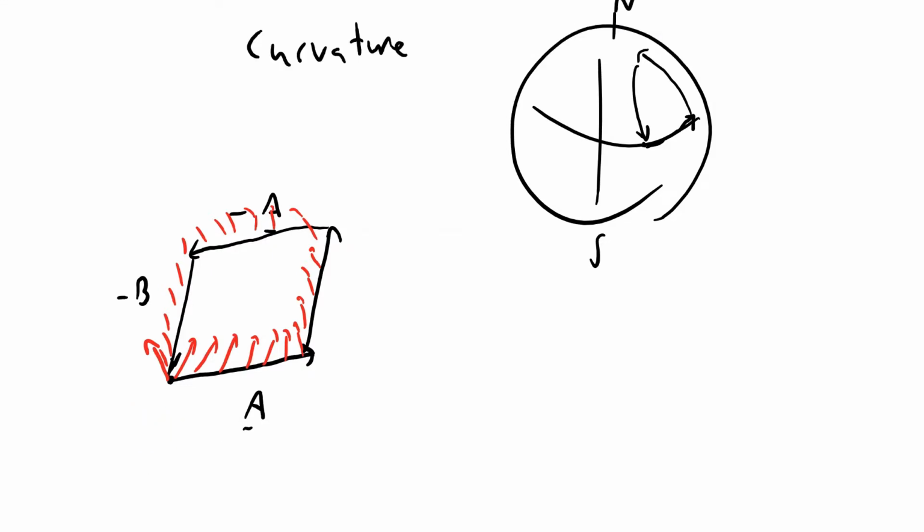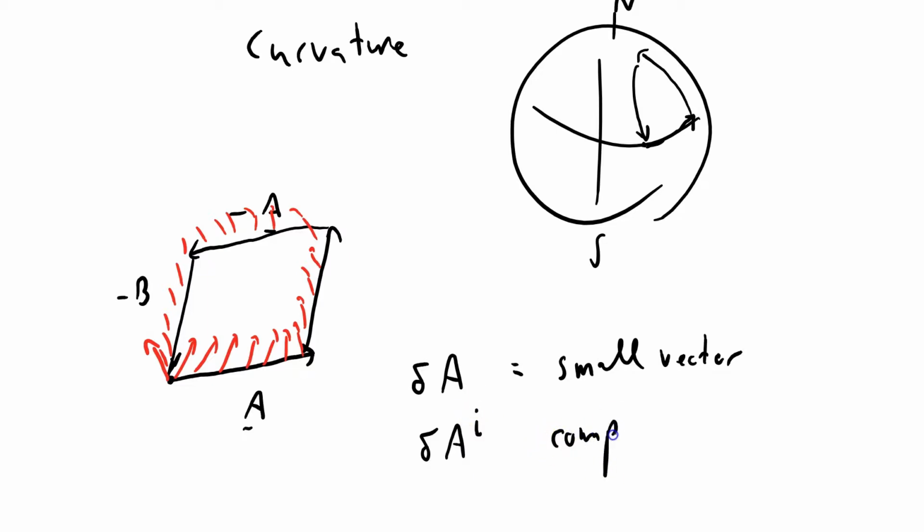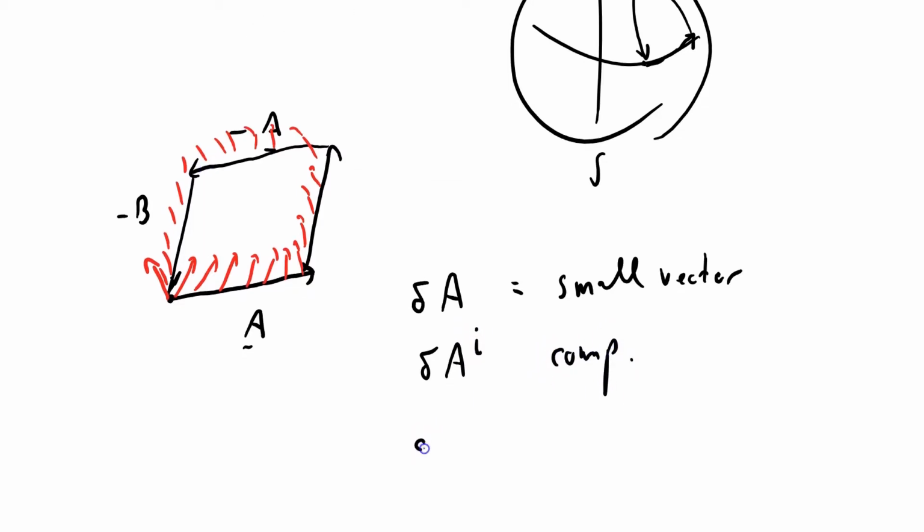That's what you see in the literature, but I'm going to talk about delta A as a small vector, and the components of it I'm going to write like that. And we've also got delta B, J, I guess.